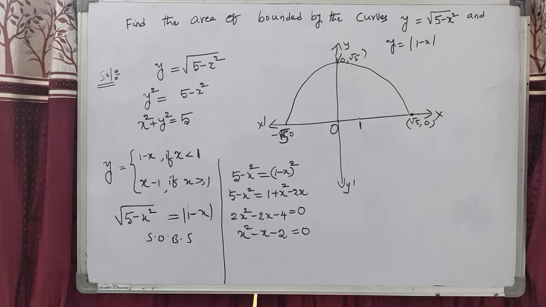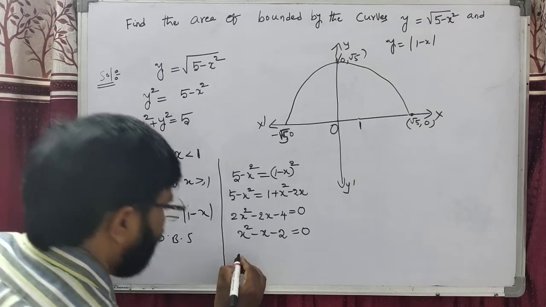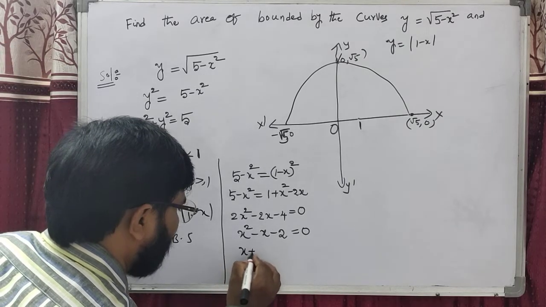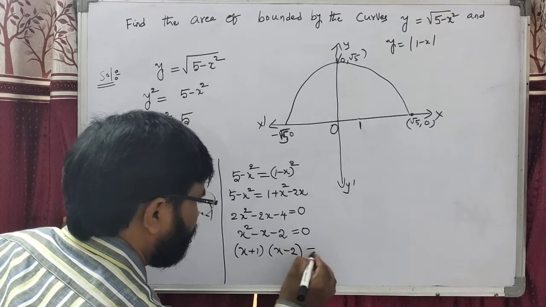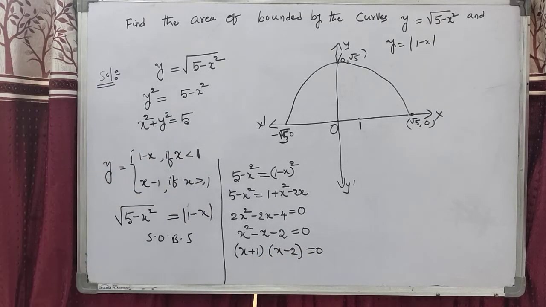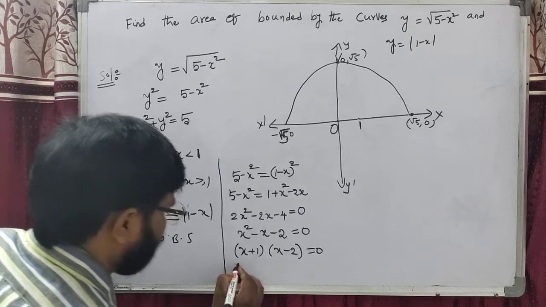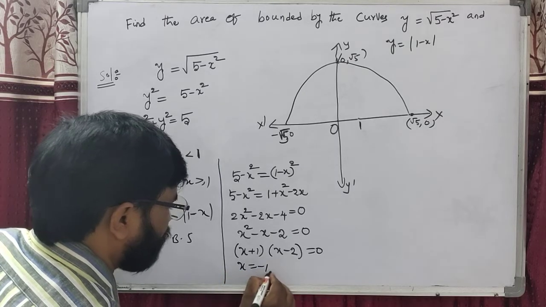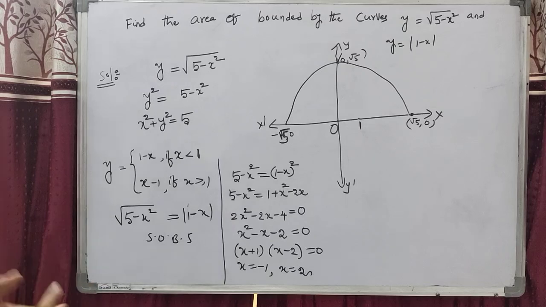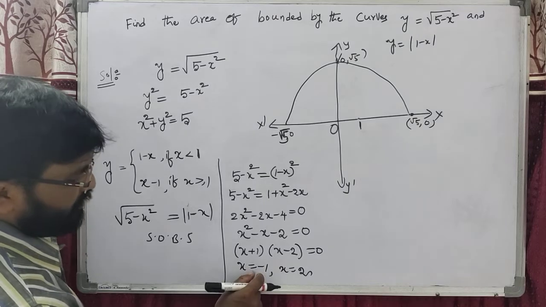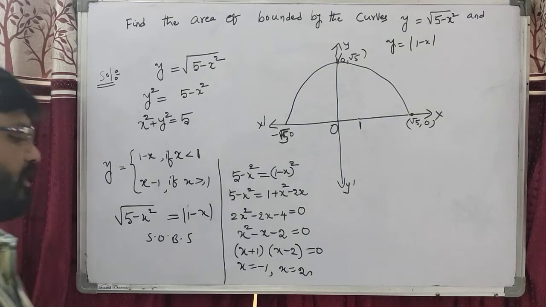Dear students, we can write this as x plus 1 into x minus 2. These are the factors. We are getting x equal to minus 1 and x equal to 2. Both the line and the curve are intersecting at x equal to minus 1 and at x equal to 2.